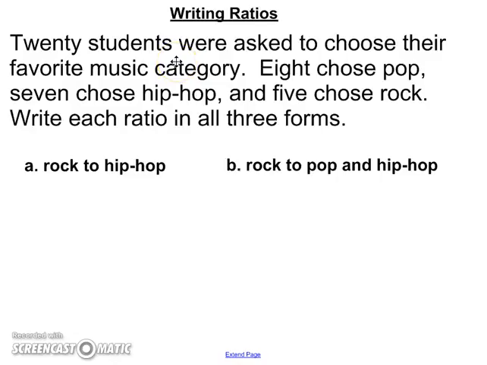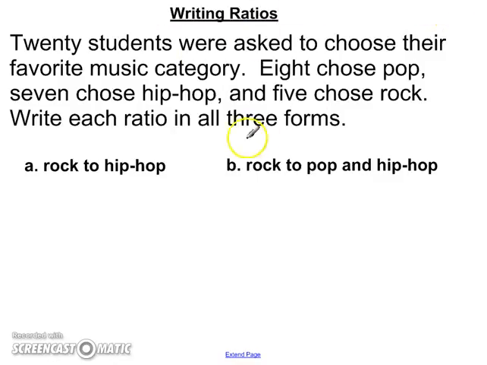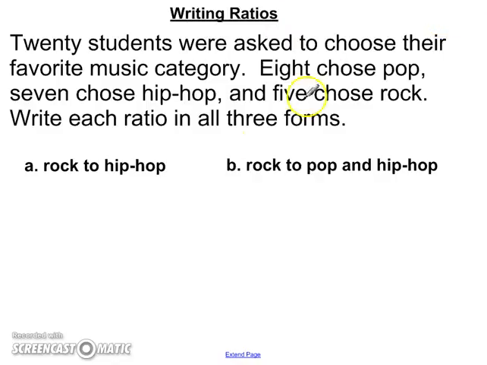Now, we're going to write some basic ratios. 20 students were asked to choose their favorite music category. 8 chose pop, 7 chose hip-hop, 5 chose rock. Write each ratio in all three formats. In this case, we're going rock to hip-hop. So up here, 8 chose pop, 7 chose hip-hop, 5 chose rock. So now when we write this ratio, we're going rock first, hip-hop second.